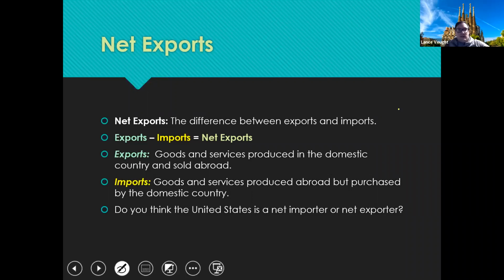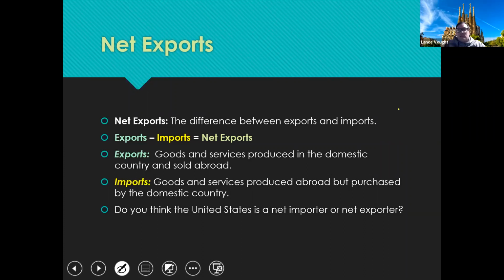On the other hand, if the money that is spent by foreigners on our stuff counts positively towards our GDP, it should make sense that imports, things that we buy from other countries for their production within their own countries, will count as an import, and that will count negatively towards our GDP. We'll actually subtract the money we spend on foreign goods out of our own GDP bottom line.